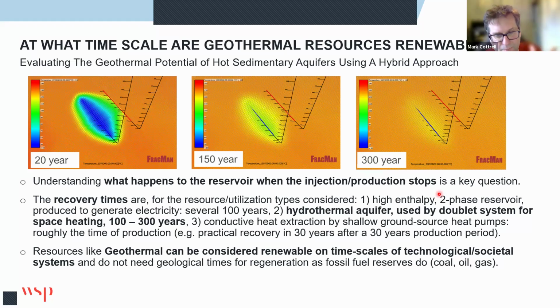That's for the subsurface to naturally reacclimatize to its present-day in situ conditions, before we'd actually started the production process. So 1 to 300 years, it's still a long time, but it is renewable.